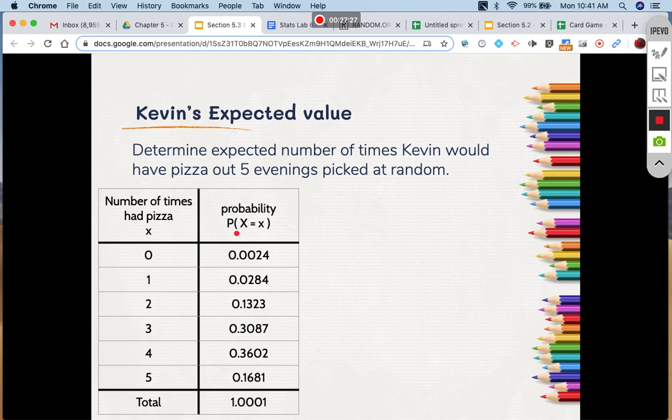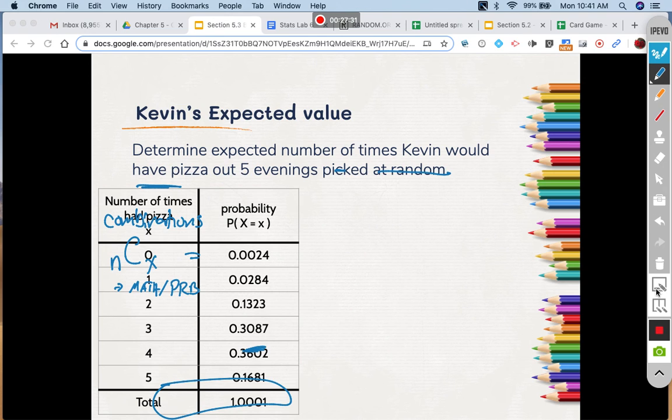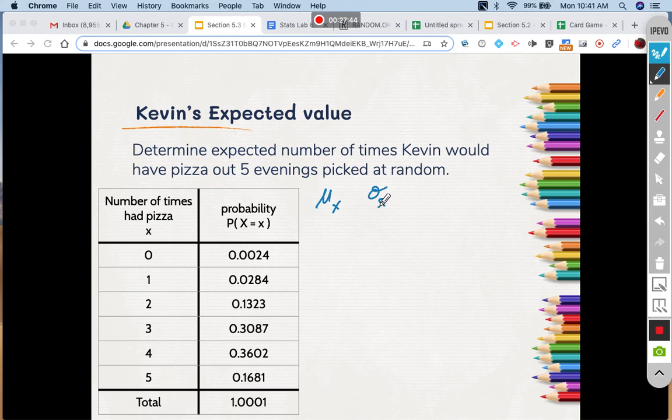Use what we did last section. Let's clear this off. Find me the mean and the standard deviation using those formulas we did in section 2. So pause this video, calculate these out, see what you get, and then come back.